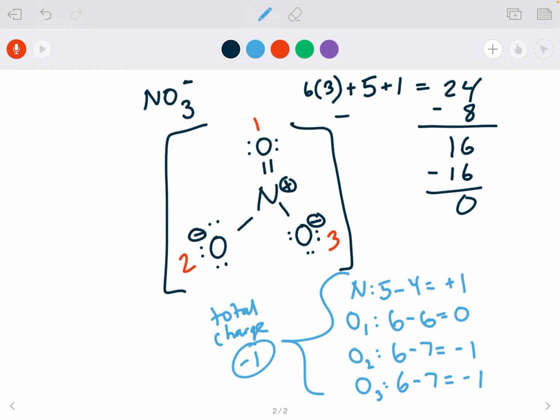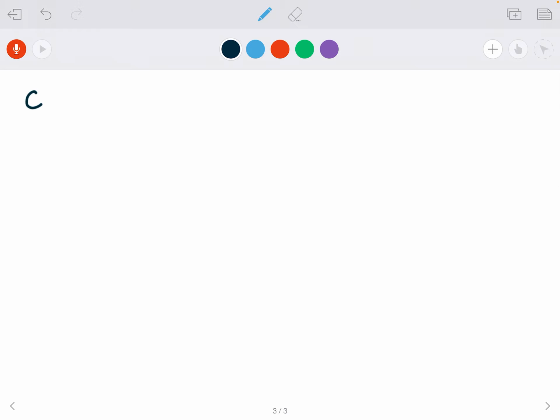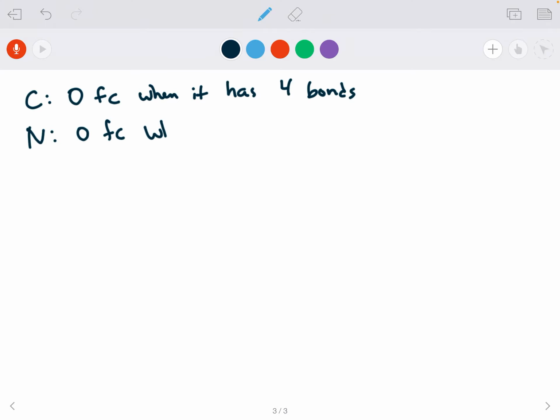So I'm going to go through some quick shortcuts so you know what to expect a formal charge to be just by looking at a Lewis structure. So for carbon, it will have a 0 formal charge when it has 4 bonds. That could be a double bond and 2 single bonds, a triple bond and 1 single bond, or 4 single bonds. For nitrogen, 0 formal charge when it has 3 bonds and 1 lone pair.